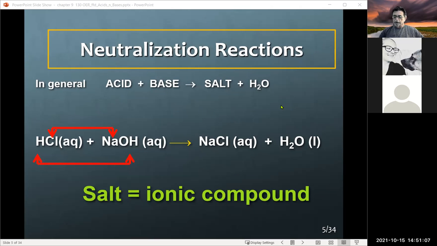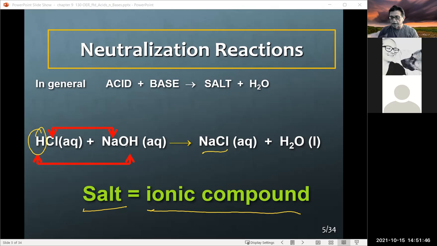Now, that's what we'll talk about, a neutralization. When an acid and a base react, you form water because you neutralize the acid and the base, and you form a salt. When you think of salt, you might be thinking of sodium chloride. But a salt is any ionic compound. All ionic compounds are salts, a combination of a metal and a non-metal. If we take hydrochloric acid and put it in water, it dissociates to form the proton.